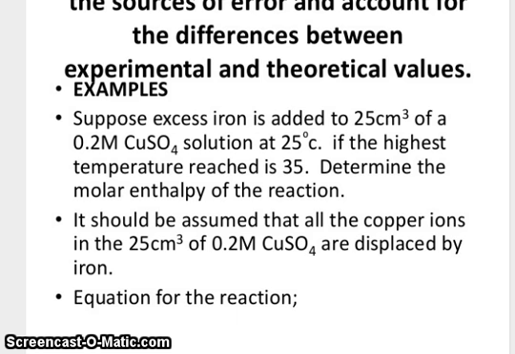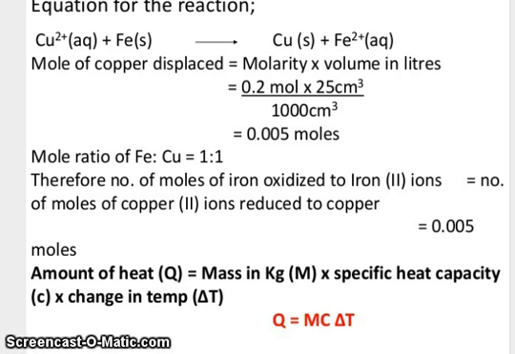It should be assumed that all copper ions in the 25 cubic centimeters of 0.2 molar copper sulfate are displaced by iron. The equation for the reaction is Cu2+ plus Fe gives Cu plus Fe2+.